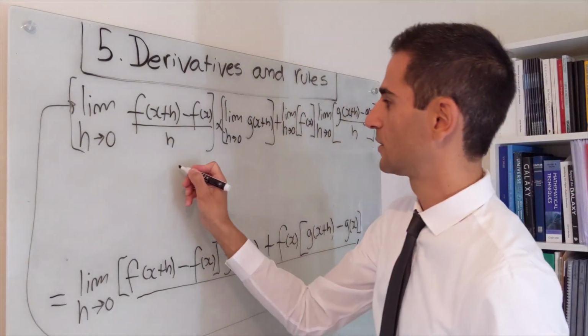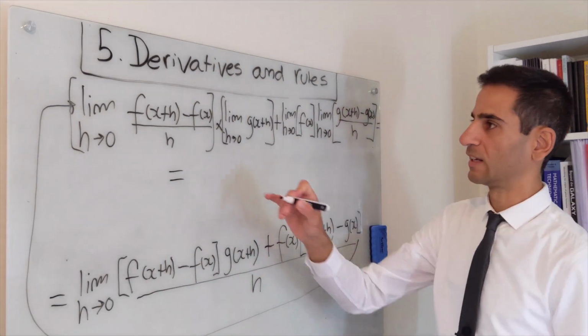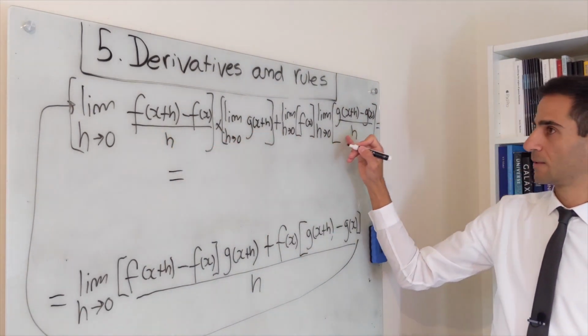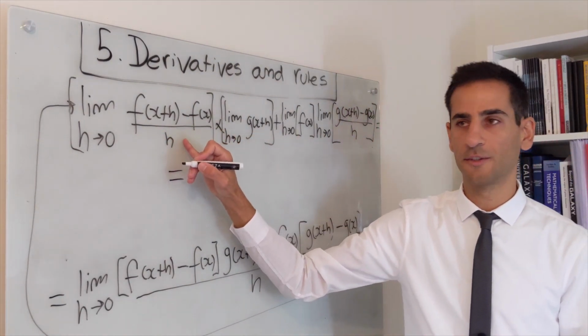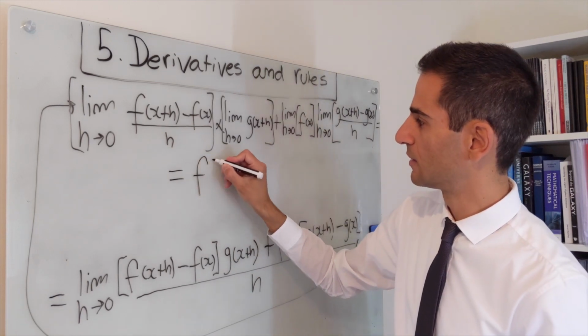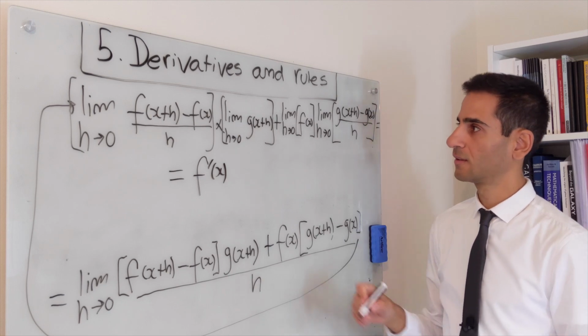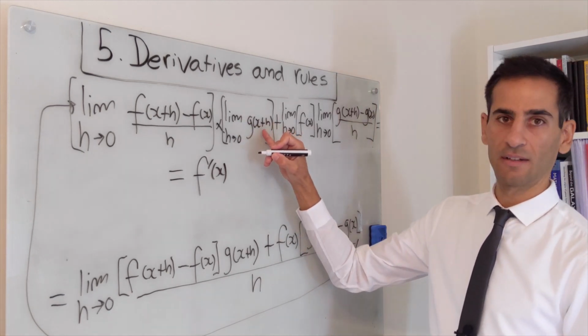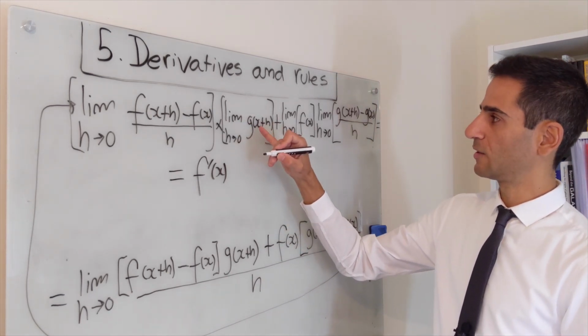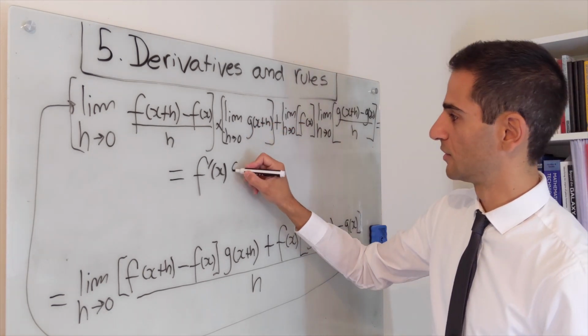And the good news is that we can identify these terms. This, from first principles, is the first derivative of f of x. This limit is easy to calculate. When h goes to 0, g of x plus h goes to g of x.